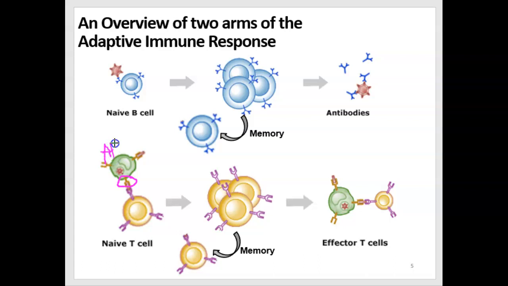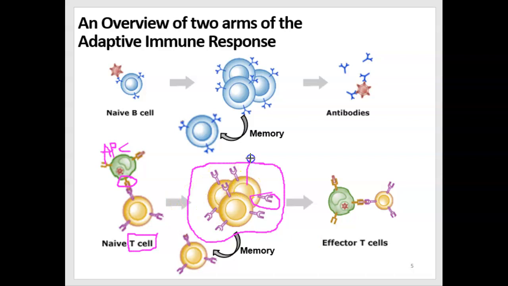But from there, things are remarkably similar, at least initially. So this T cell that first has an antigen presented to it becomes activated, just like a B lymphocyte would be, and it starts dividing in the same fashion. So you have a clone of identical T cells with the exact same T cell receptor on their membranes.